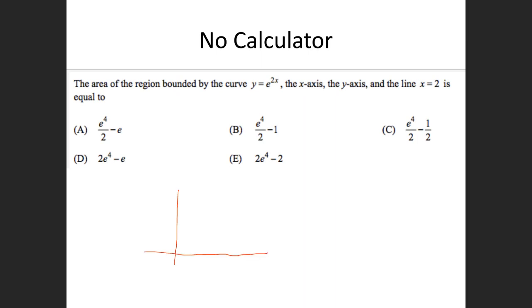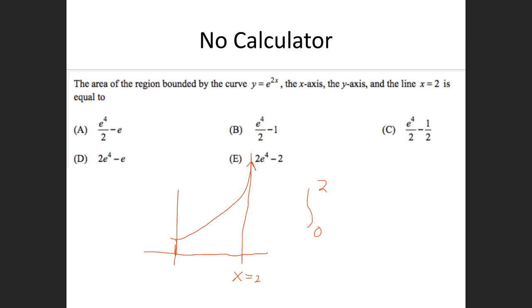I think it is C. So e to the 2x, in my mind, that's an exponential function, and it should look something like this. It says the area of the region bounded by the curve e to the 2x, the x-axis, the y-axis, and the line x equals 2. So x equals 2 looks like this here. It's a vertical line. So my integral is going to be from 0 to 2.